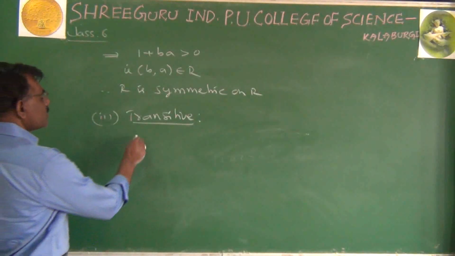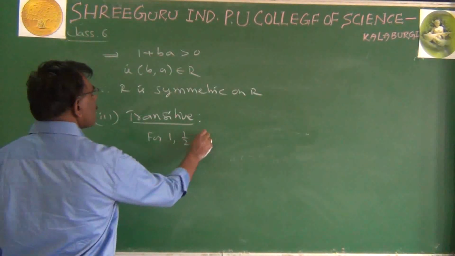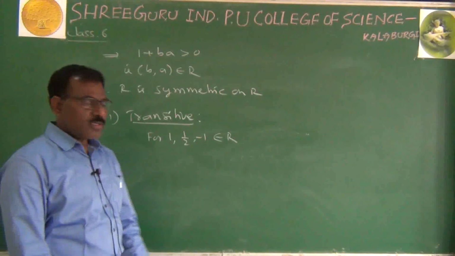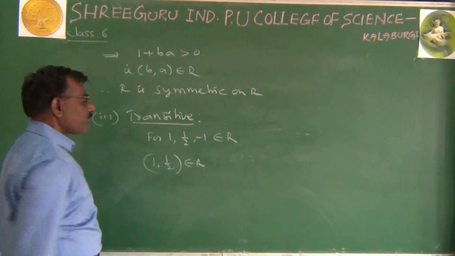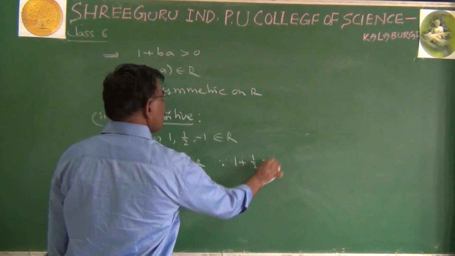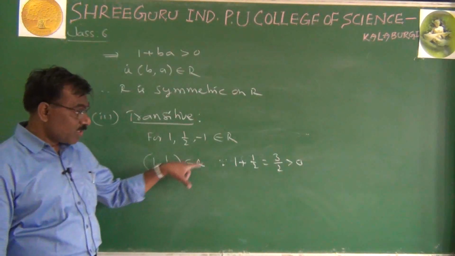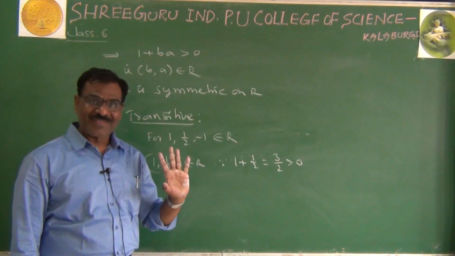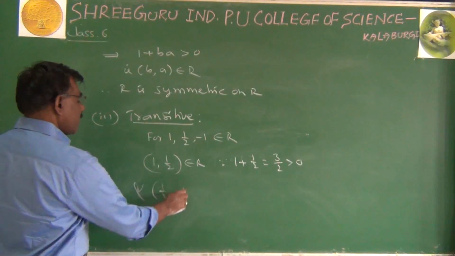Now what are the three numbers? 1, 1 by 2, minus 1 belongs to R. I am taking three numbers. (1, 1 by 2) belongs to R because 1 plus 1 by 2 equals 3 by 2, it is a positive answer. And (1 by 2, minus 1).